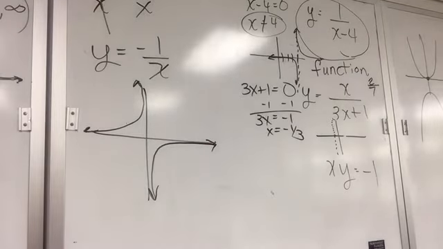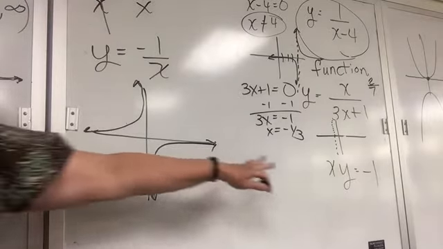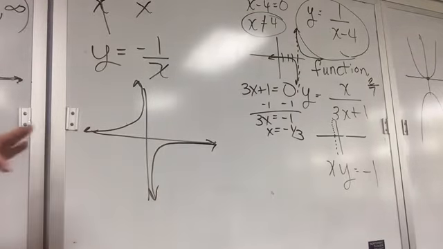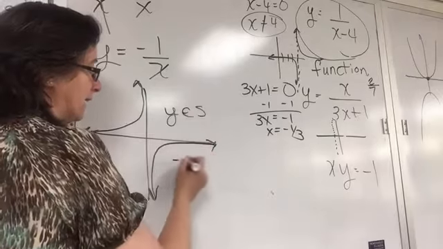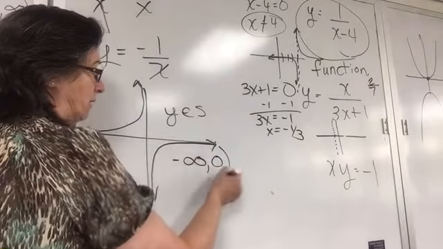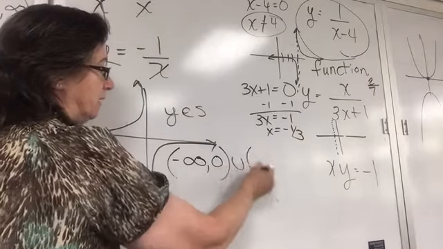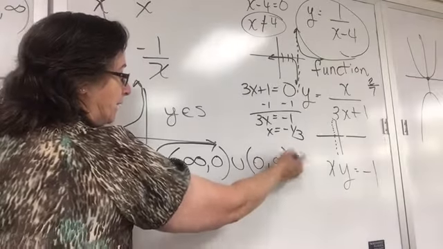Okay, same shape, still a function. Still has an infinite domain except for one point. And that one point will still be 0. So for this one, yes, it is a function, and the domain is -infinity to 0, union 0 to +infinity.